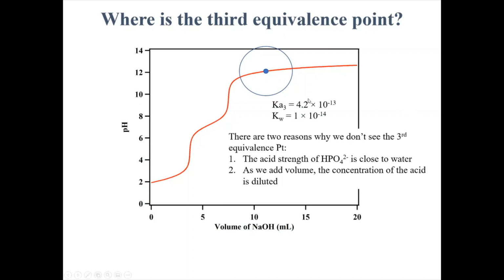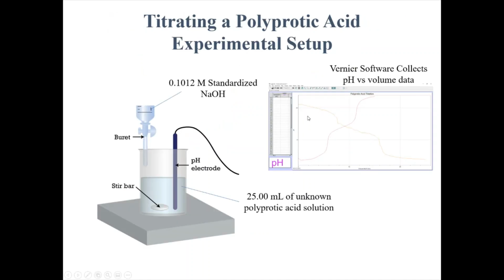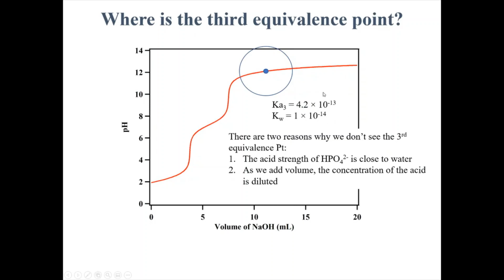In this case, we're getting to the point where we're just barely an acid anymore, meaning that water is just about the same acid strength as the HPO4 2-. So the concentration of H3O+ and OH- in water are going to start to wash out the concentration of the H3O+ that comes from the Ka3, and we don't see it anymore.